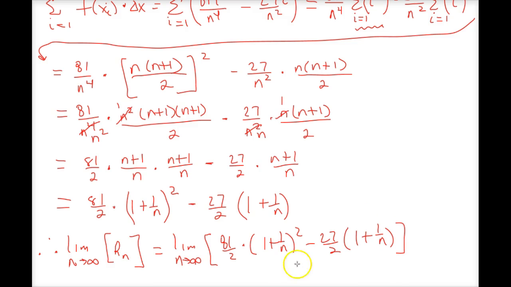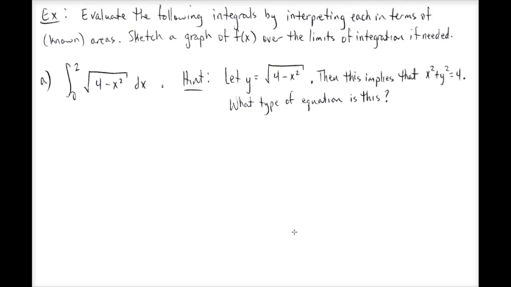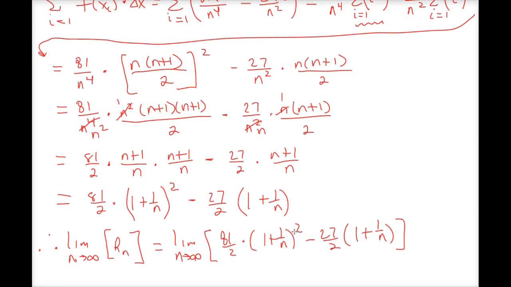And so now all we need to do is plug in infinities everywhere where we see n. Since I'm kind of running out of room here, I'll just go ahead and do that now. So everywhere where we see n here, I'll go ahead and plug in infinity instead. Of course, all that goes to 0.